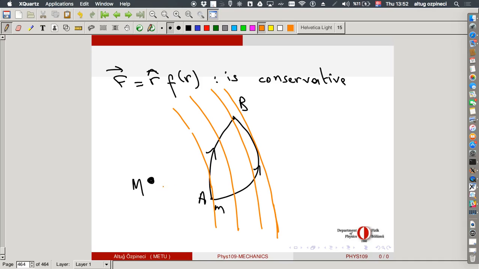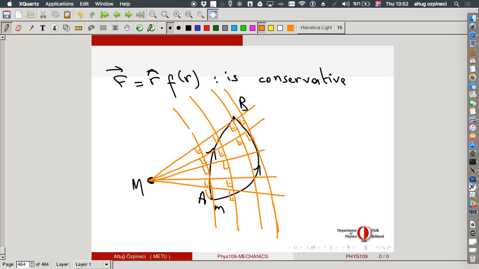So let's consider rings around my large mass M, or very thin strips, circular strips. Let's say I have a circle here. Here is another circle. Here is another circle. Let's say here is another one.